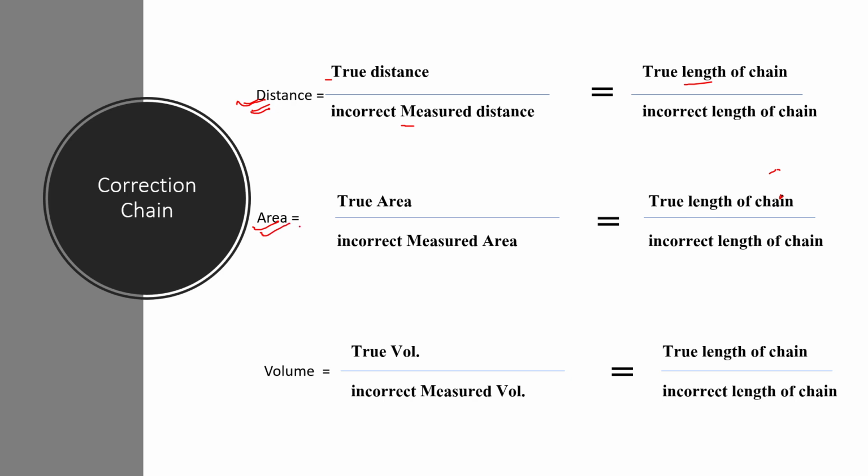For area correction we have true area divided by incorrect measured area, equal to true length of chain over incorrect length of chain. It is the same thing here, but for area the power will be 2. For distance the power is 1. For volume the power will be 3 and the problem will be solved automatically. You have to take the ratios only.